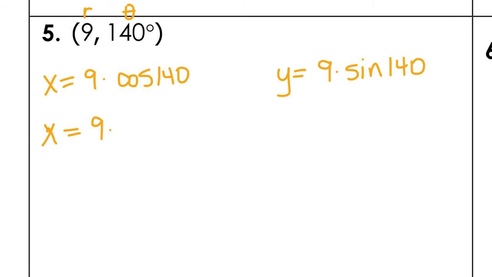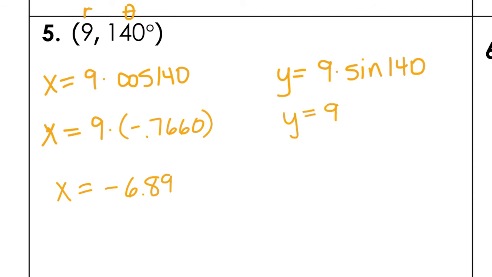So for cosine of 140, I'm going to use 4 decimal places because I want this to be as accurate as I can get it. Negative 0.7660. So when I multiply that by 9, that's negative 6.89. Okay, now we're going to do the same thing with the y. I already know I'm going to have to type that into the calculator.